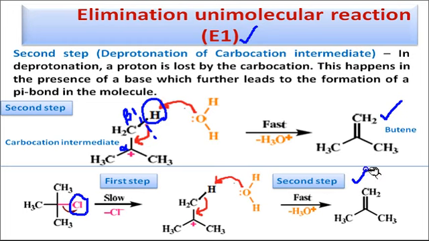And in the second step, the hydrogen from the carbocation is eliminated. Which hydrogen is eliminated? From the beta carbon atom, that is beta hydrogen is eliminated in the second step, which results in the formation of the unsaturated hydrocarbon, that is the alkene.